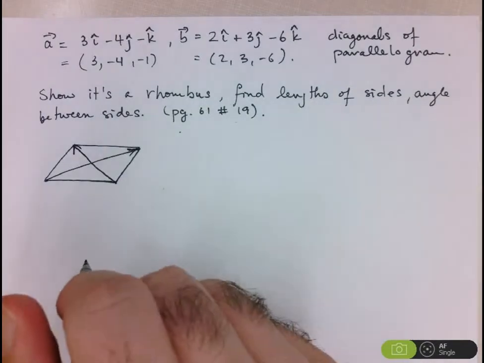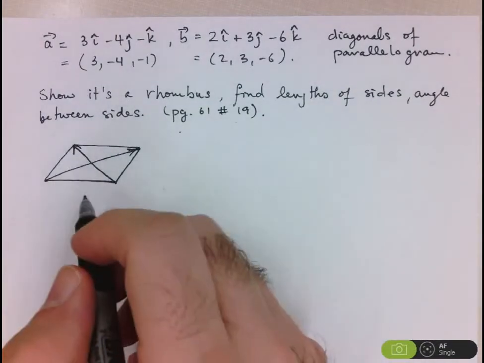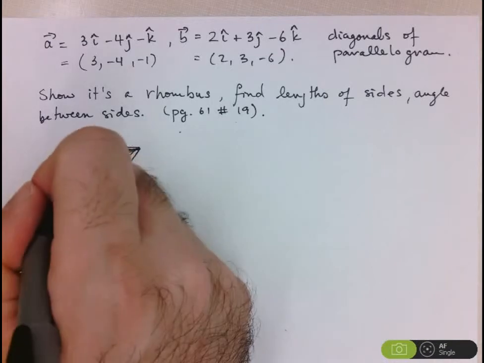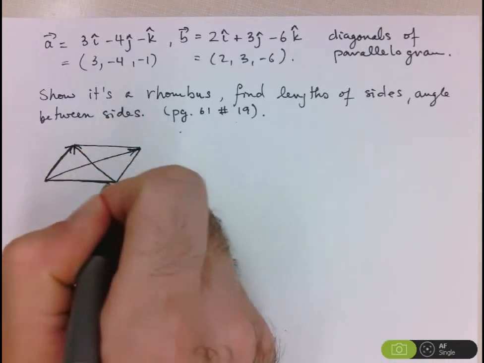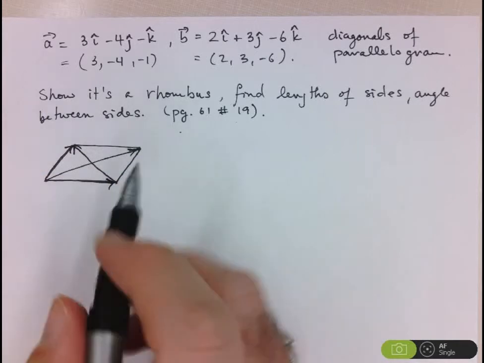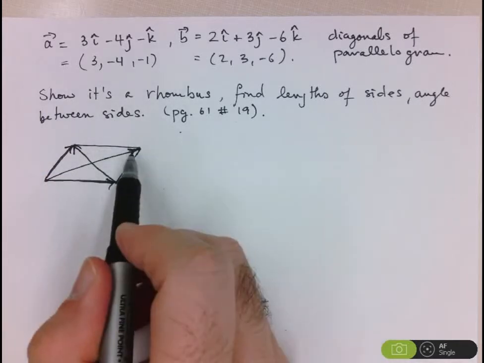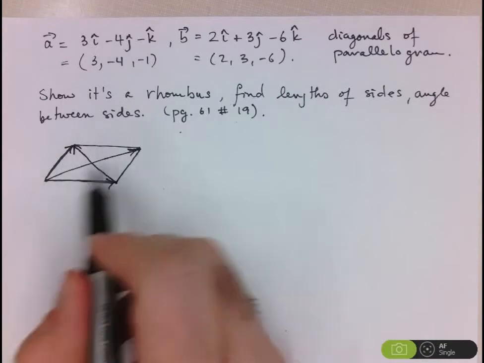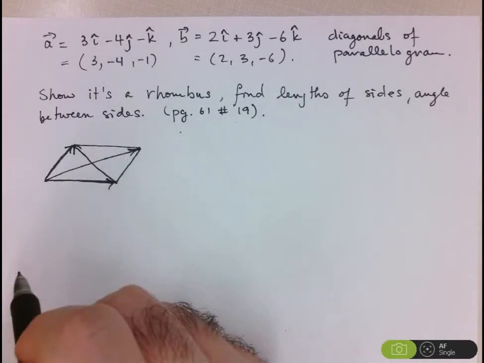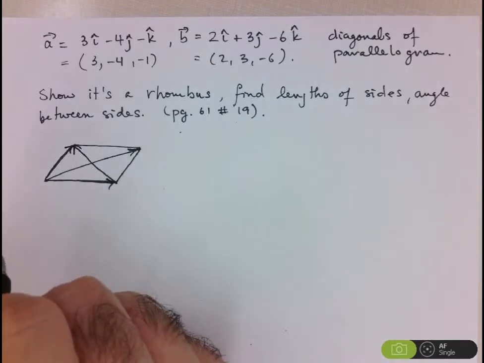Now, one thing I want you to remember is that the diagonals of a parallelogram have a meaning if you think of the adjacent side lengths as being two vectors. This diagonal here that starts from the two tails of the vectors is going to be the sum of those two vectors, and the other diagonal will be the difference between those two vectors.